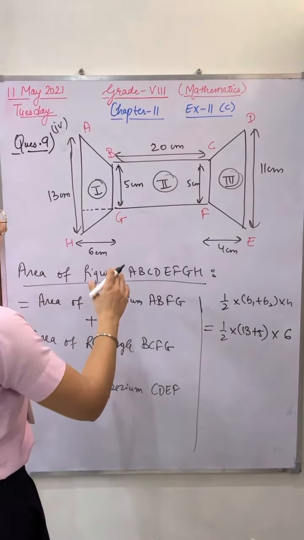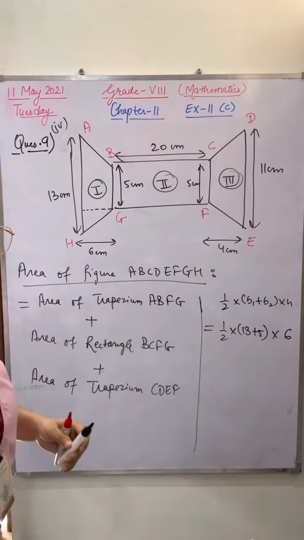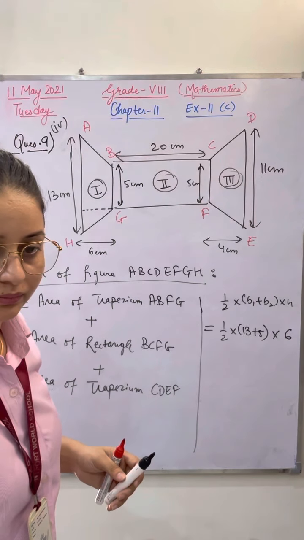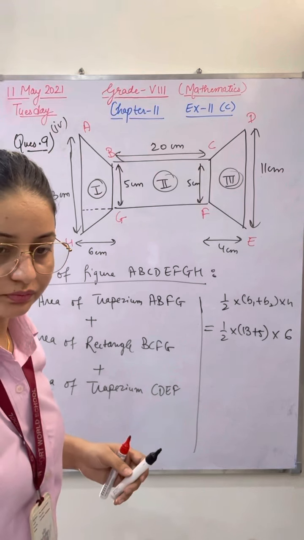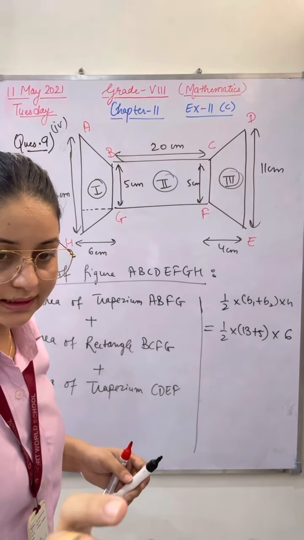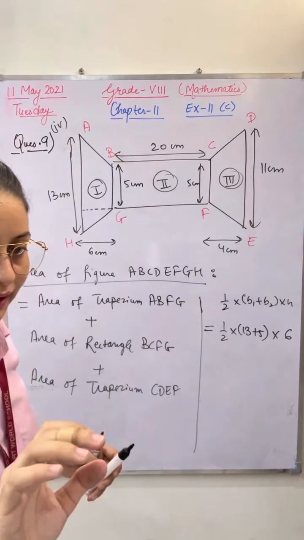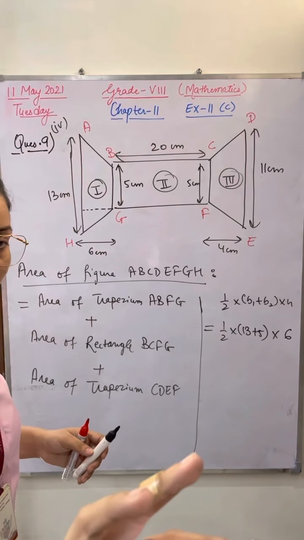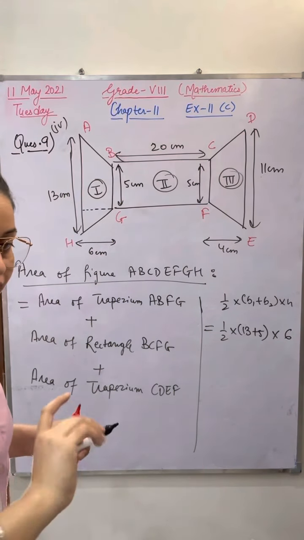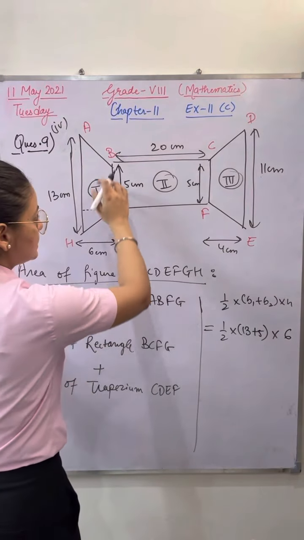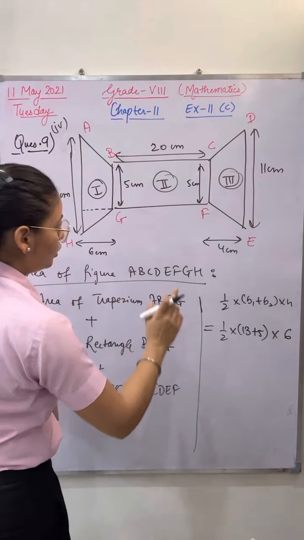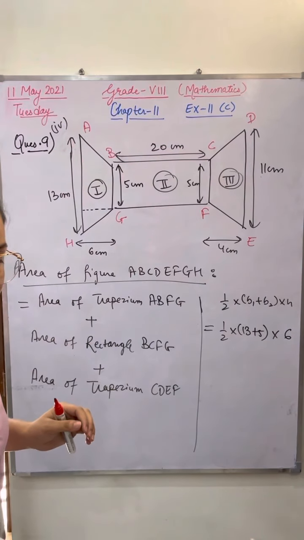Similarly, take out the others. Mute yourself. Jaideep, good morning. Please tell me, this is a rectangle, so the formula is length into breadth.